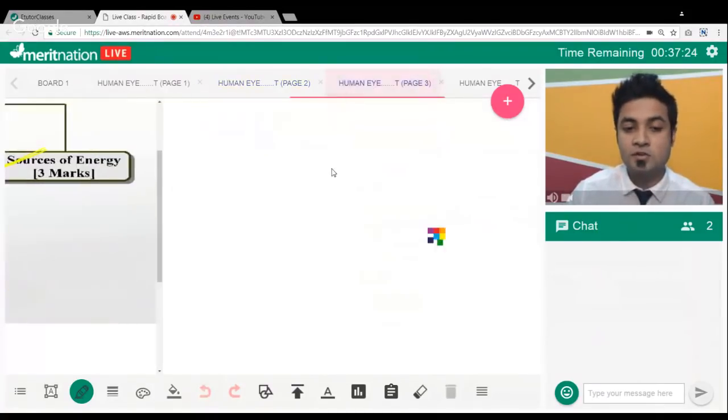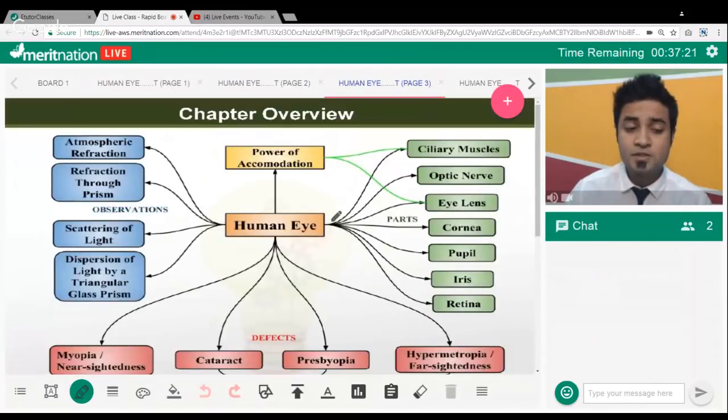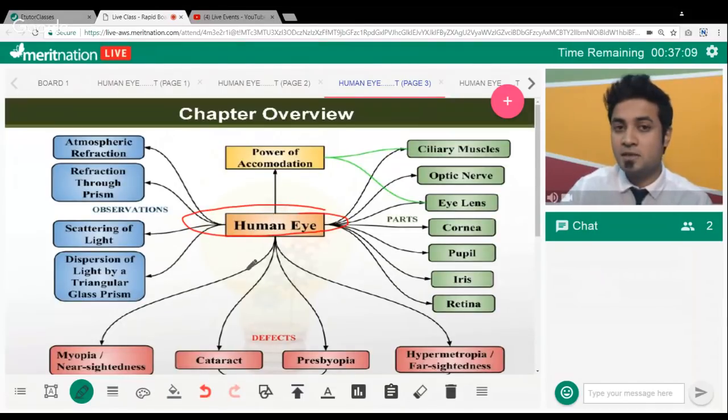Let's focus on the mind map, guys. If you see the chapter overview, the entire thing revolves around the human eye, where we have ciliary muscles, optic nerve, eye lens, cornea, pupil, iris, and retina.